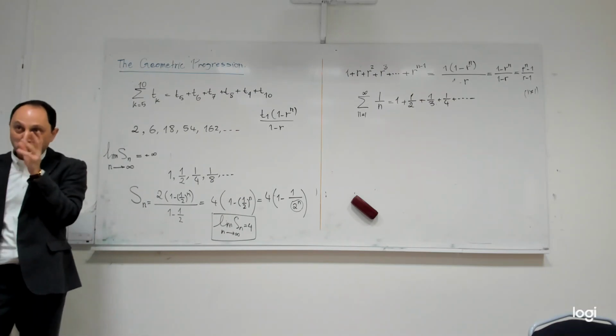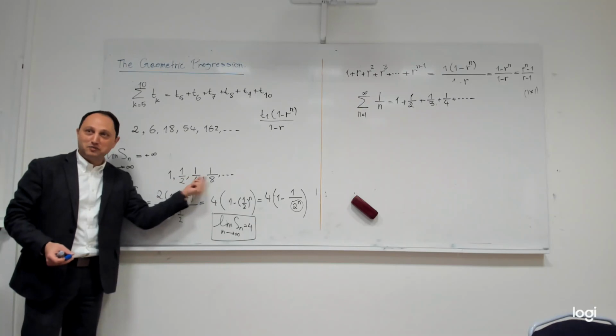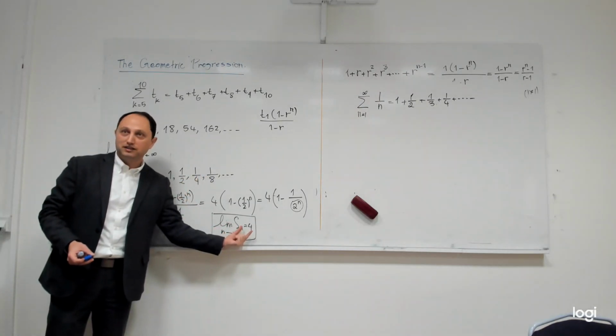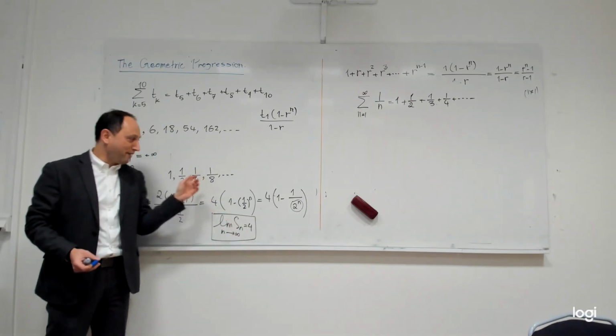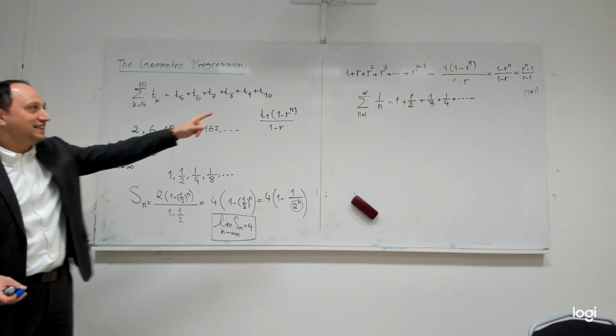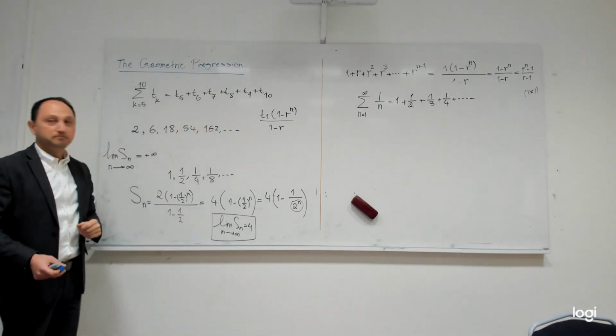And by the way, this is very strange, isn't it? Because I am missing terms in between, I am telling you that the sum of this one is 4. But now I am saying that if I add them, it becomes infinity.